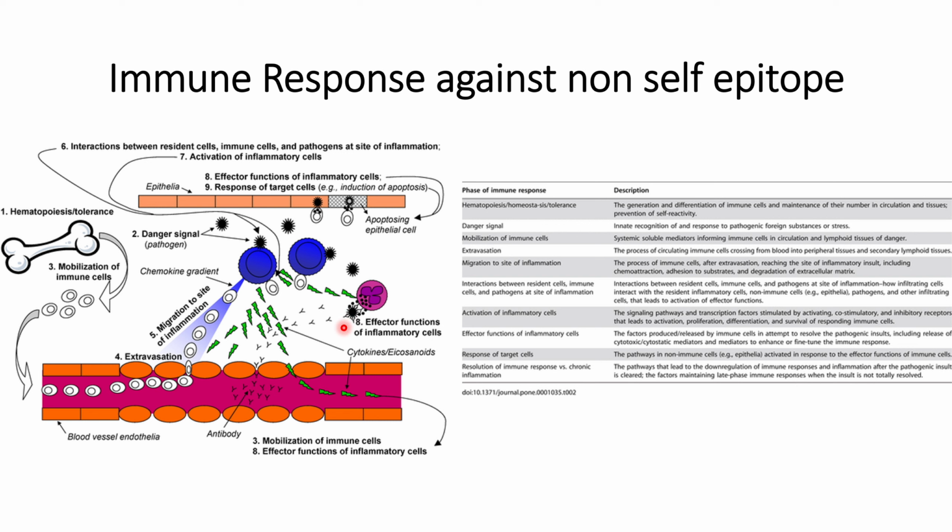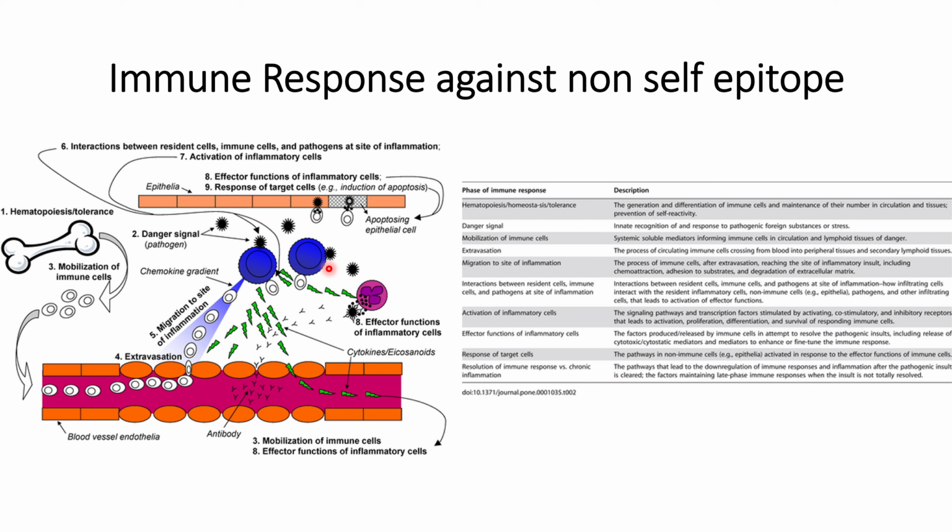After that, the effector functions will act against those danger pathogens. Then the cells that are affected with those pathogens will undergo apoptosis because of the inflammatory actions or effector functions by the immune cells.